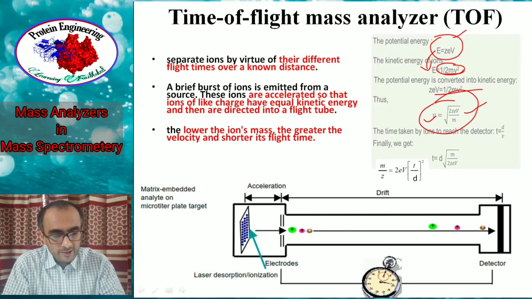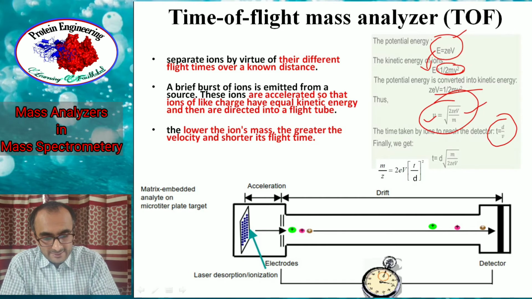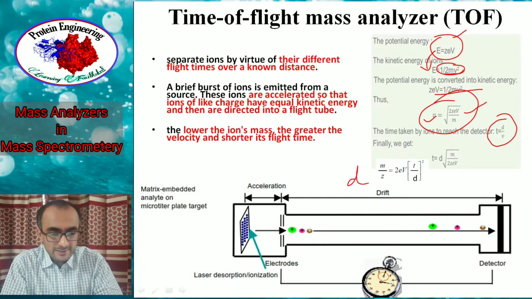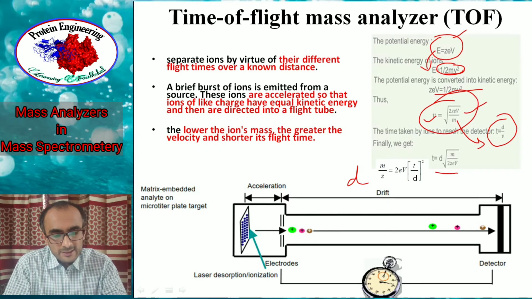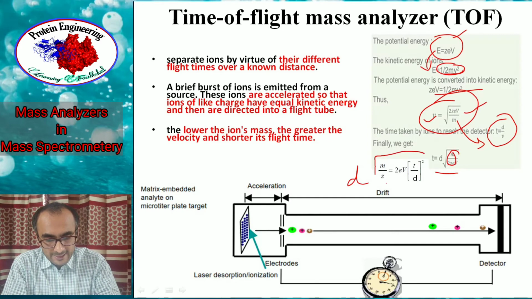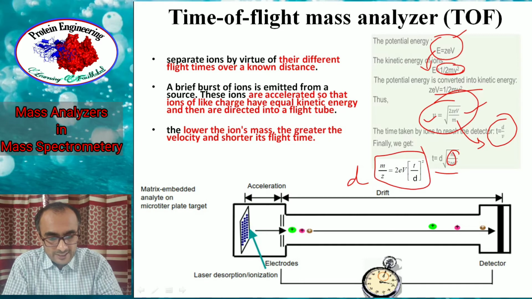The time taken by ions to reach the detector is equal to d upon v. D is the distance traveled, that is basically the length of the TOF tube, and v is the velocity. So if you replace the value of v from here, you see that t is equal to d times the square root of m upon 2zeV. So from here the value of m/z can be calculated, and that is m/z equal to 2eV times (t upon d) whole squared.